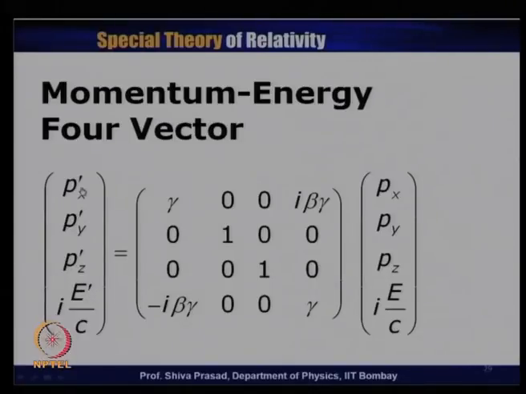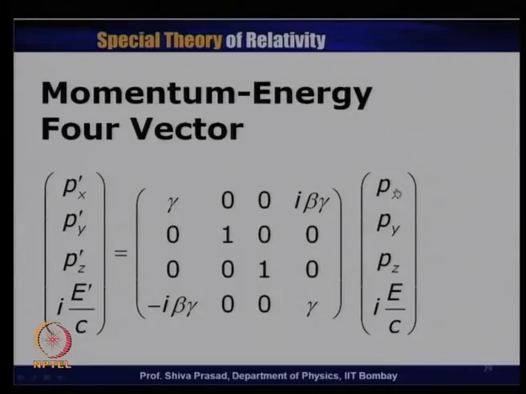It means the new values in a different frame, the x component of the momentum, y component, z component, and the energy, would be given by the same transformation equation which we have used earlier. In fact, because it involves both momentum and energy, we generally call this the momentum energy 4 vector, not just the momentum 4 vector.